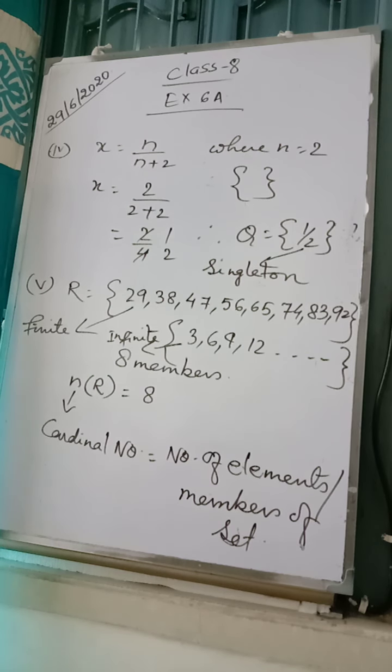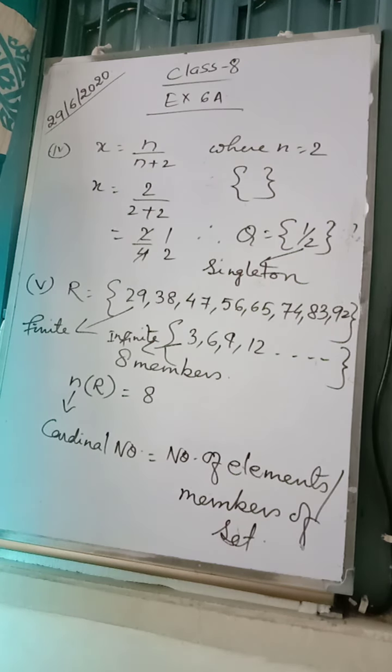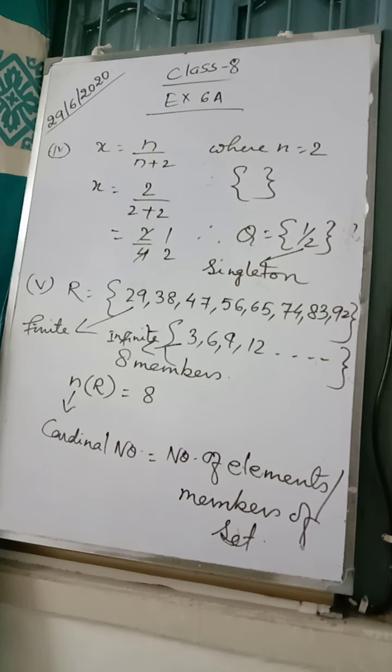Then we have singleton set or unit set. You can call it unit set also because it has only one member. And the last we have empty set or null set, which does not have any member. Okay. These are the types of set. Then we have joint set or overlapping set, and disjoint set. These are the different types of sets we have.